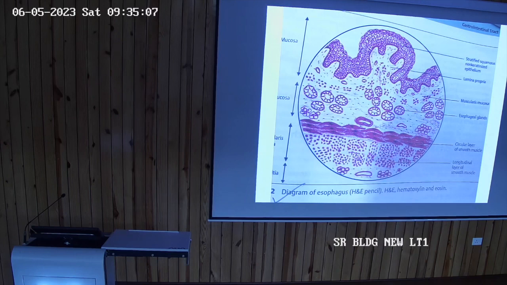Besides the esophageal glands, what else do you find there? That is Meissner's nerve plexus. And what is Meissner's nerve plexus? These are the parasympathetic fibers which are supplying the smooth muscles and the glands in the esophagus.